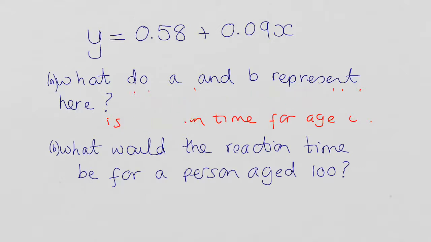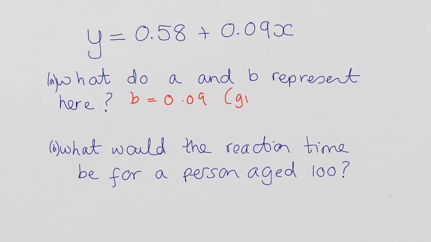I know the context is a bit silly here because you're not going to give some kind of a test to a newborn baby and test their reactions. Well, I'm guessing not. I'm sure there are people out there who do that. But link it back to the question. Don't just say 0.58 is the intercept. And B equals 0.09. That's the gradient.